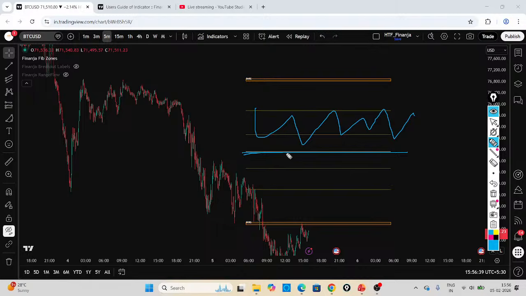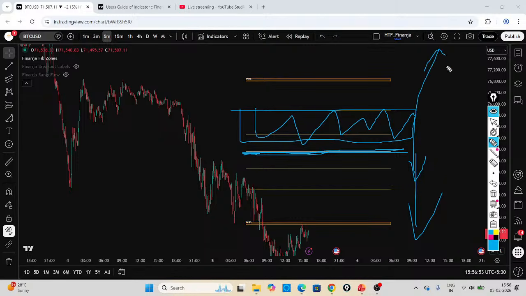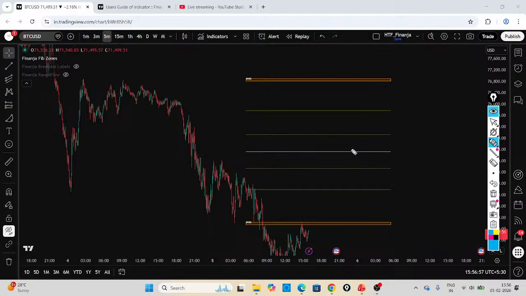If it is making whipsaw above this line and it is broken suddenly, then there will be a fast movement. Similarly this applies to the upside also. If this range is broken, then there will be a fast movement. Yeah, so this is very useful for scalping techniques.